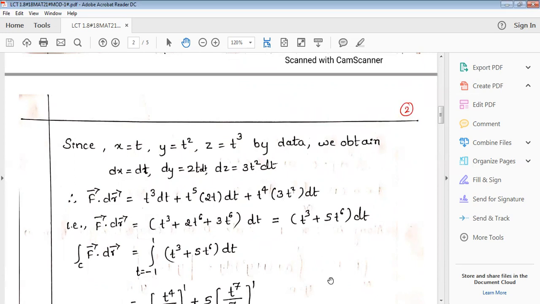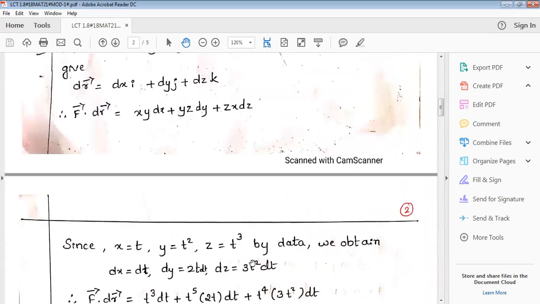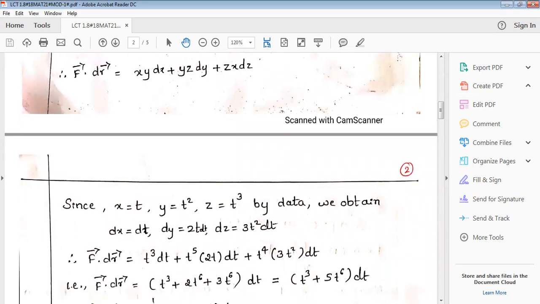How does it come? Our final expression is xy dx plus yz dy plus zx dz.